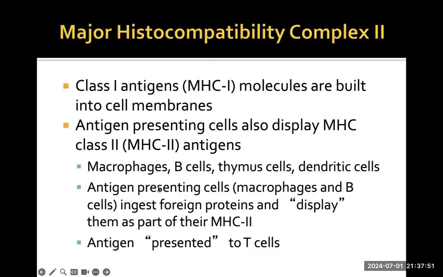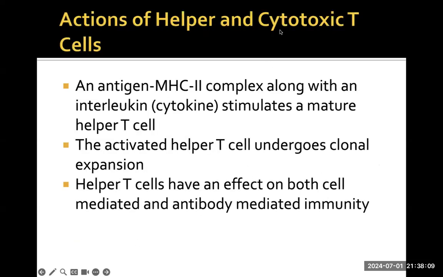So you'll have the antigen presenting cells, like macrophages and B cells, that are going to ingest or engulf the foreign particle and then display them as a part of the MHC2. So this would allude to the fact that the antigen has been presented to the T cells.